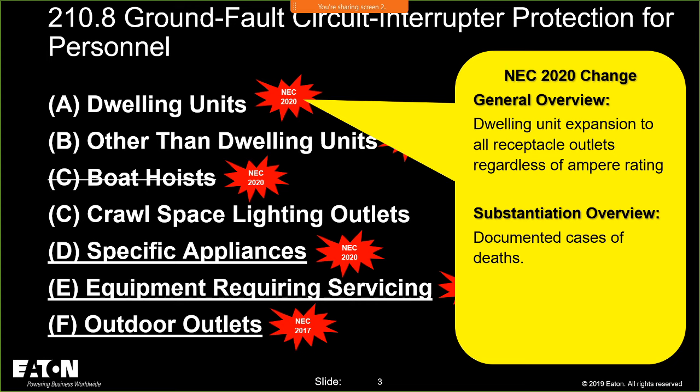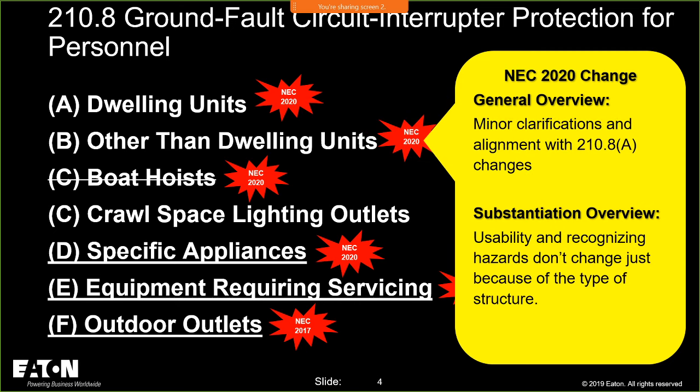Unfortunately, in the GFCI world, substantiation for code changes is built around death. There were minor modifications in other than dwelling units; basically what you're seeing in 210.8 is an alignment between A and B. People who use the code will make a change, and they'll say, hold on, you're telling me that this is a hazard in a dwelling unit.